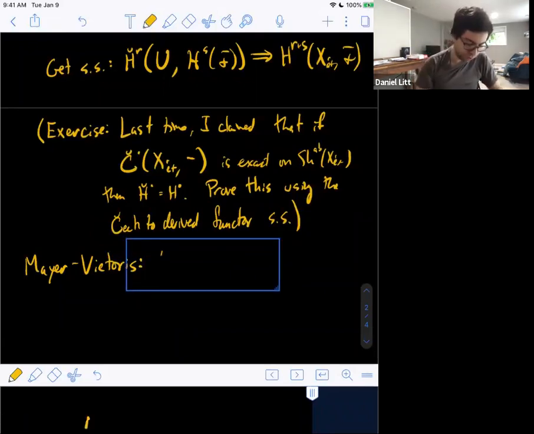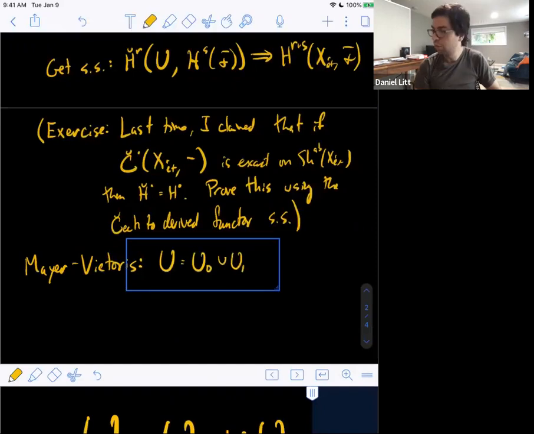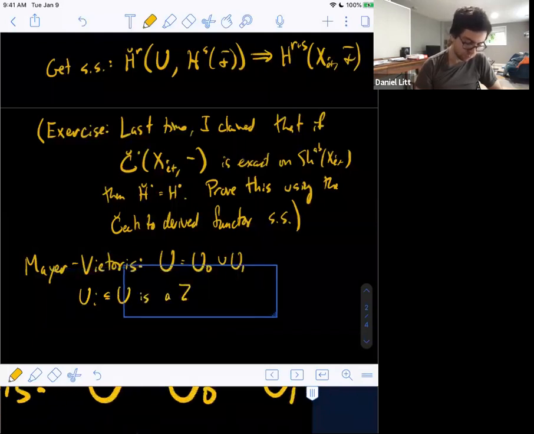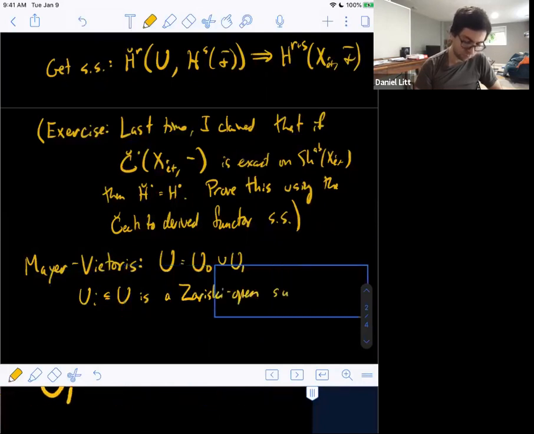Suppose U is the union of some U0 and U1, where each Ui subset of U is a Zariski open.